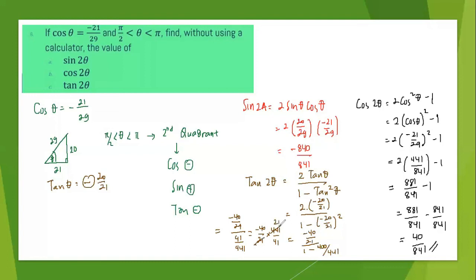Cancel 21, right? So we find minus 840 over 41. Okay. Finish. Is it there? Yes, sir.